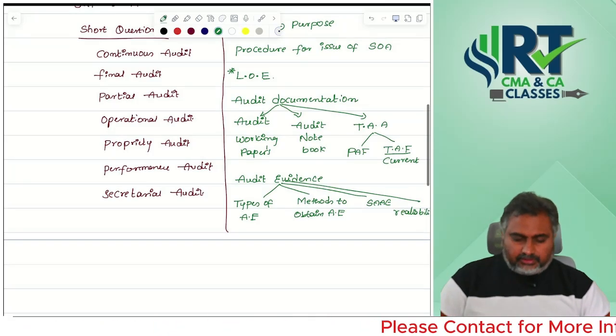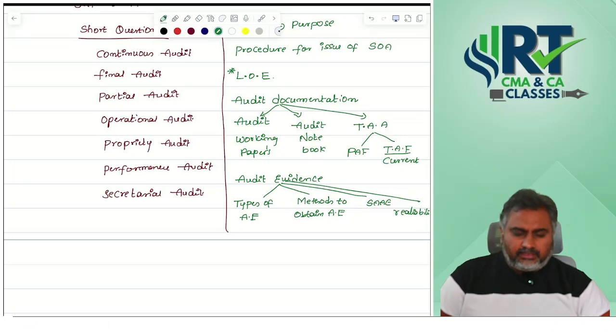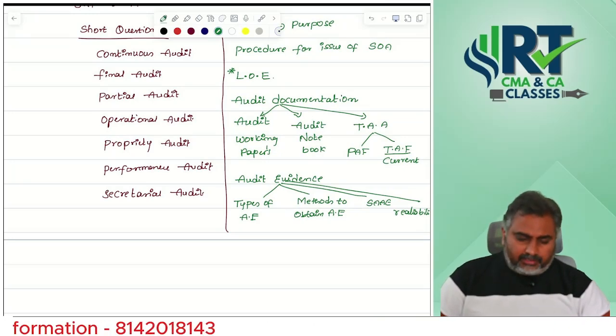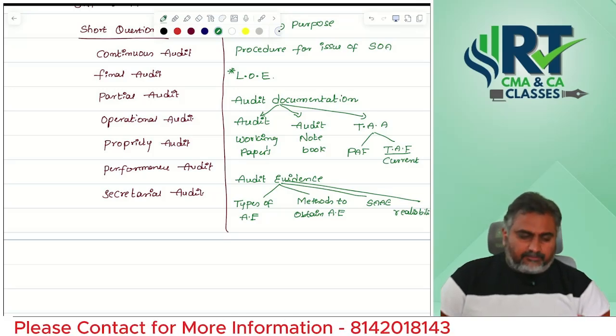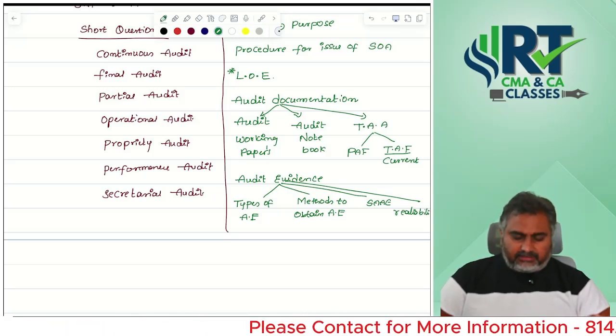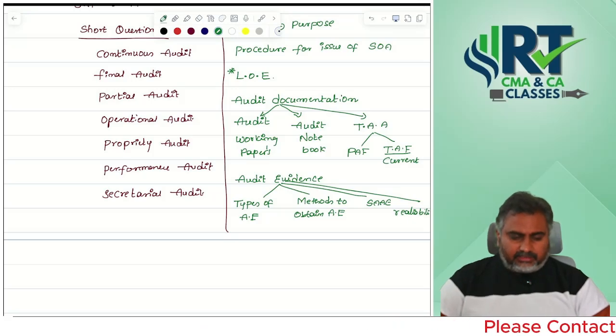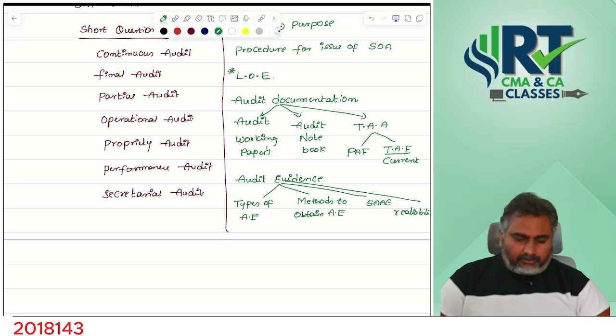These are the areas to focus on under audit evidence: the meaning of audit evidence, types of audit evidences, methods to obtain audit evidence, relevance and reliability of audit evidence.